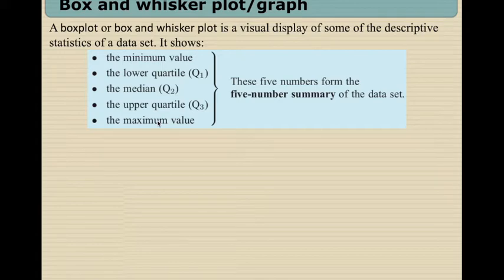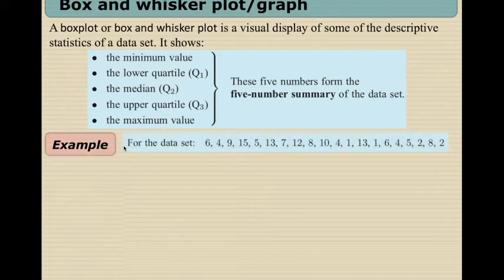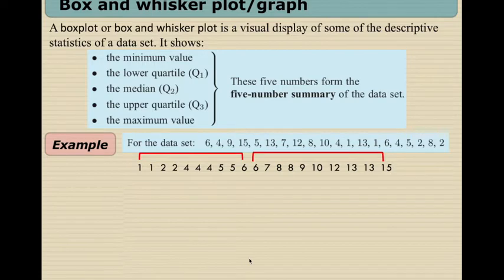Okay, let's try to make a box and whisker. Given this set of data, what you need to do firstly is to rearrange the data from the lowest to the highest value. And then you try to find the middle value, or the median, by dividing the data equally.